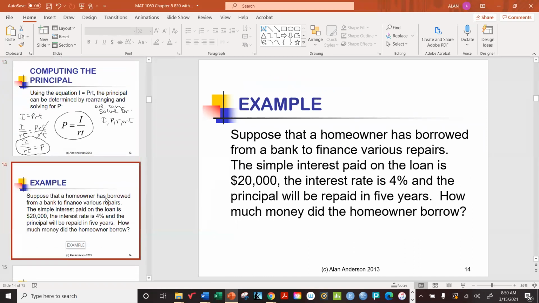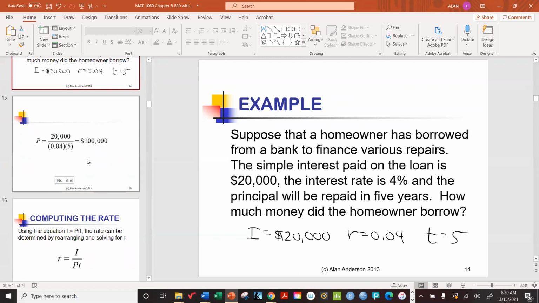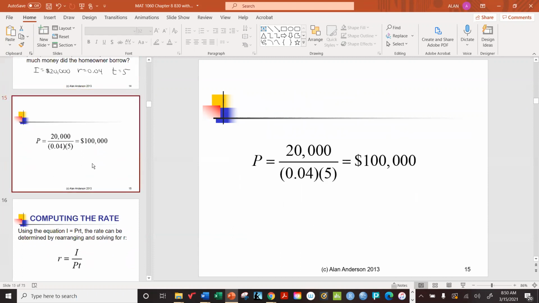Okay, so we saw a few examples of this. For example, here we had a case where a homeowner borrowed from a bank. We know that I is 20,000. The rate is 4%. And the principal will be repaid in 5 years. So based on the formula we just had a second ago, P equals I over RT.